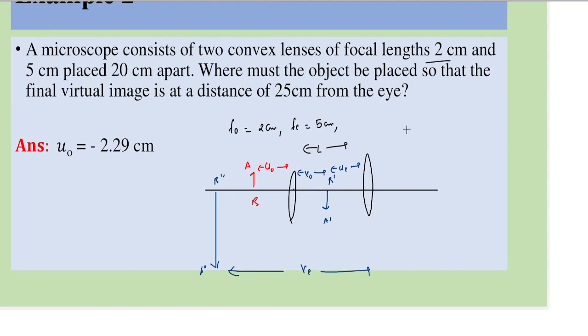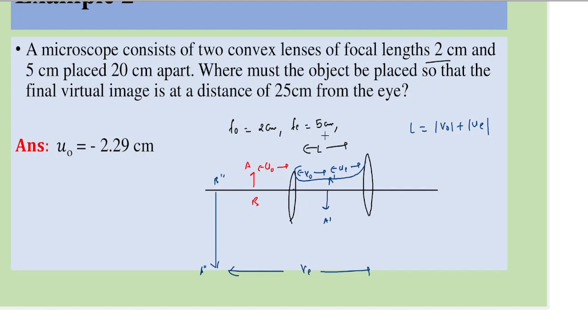Now the length of this tube, which is called as L, would be this distance, that will be V0 plus UE. It is just the length, so we just put its magnitude.